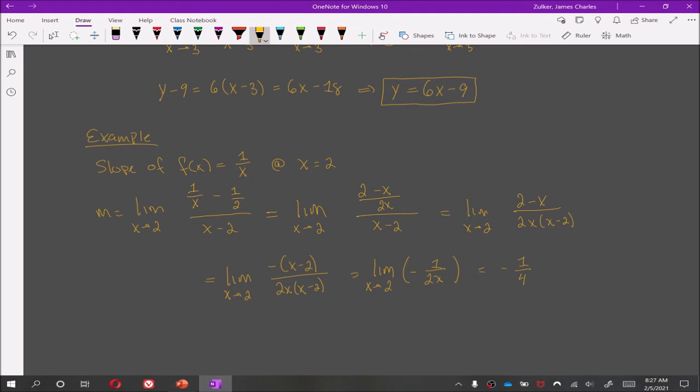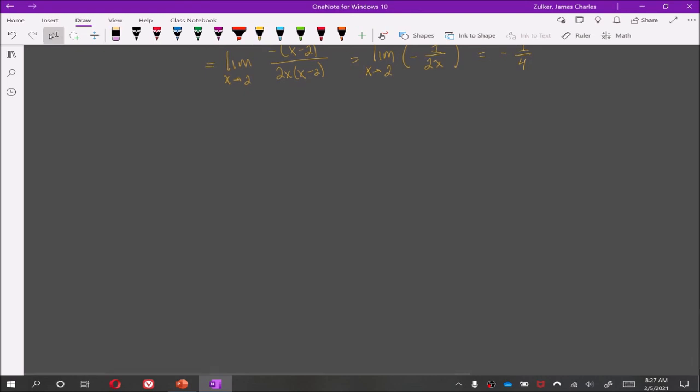And finally, given f of x, 3x squared minus 4x plus 1, we want to find f prime of 2. So that's just the slope at 2.